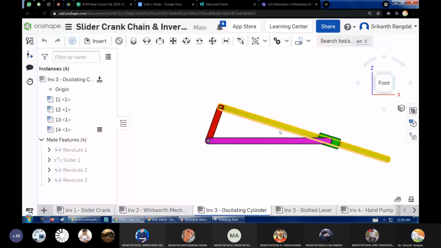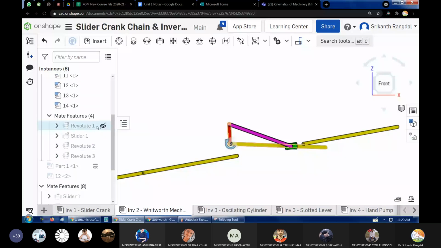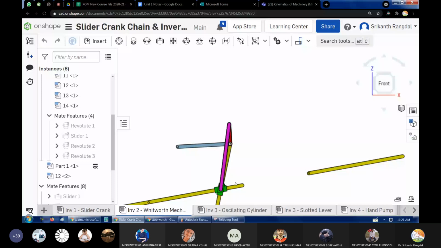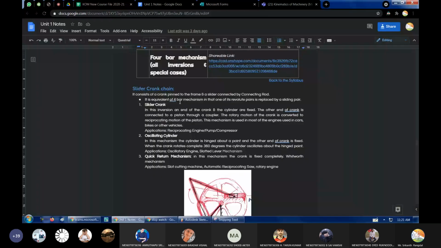When we say quick return mechanism, we use it to actually control a ram. That's what I was trying to do with all these hidden linkages, but I wasn't able to complete it. The backside of the yellow link will be extended, and that extension will be attached to a ram, which will keep moving forward and backward.